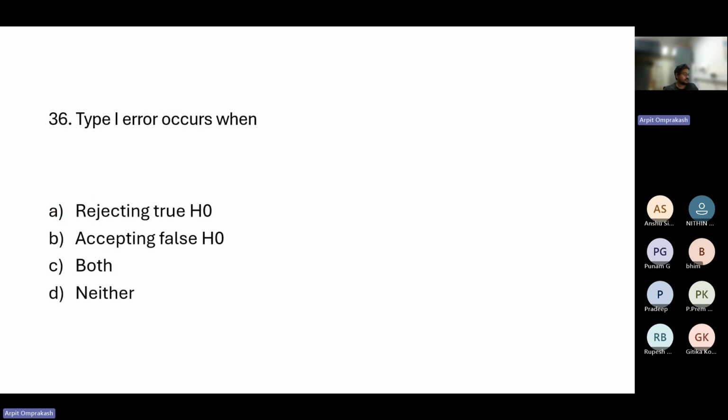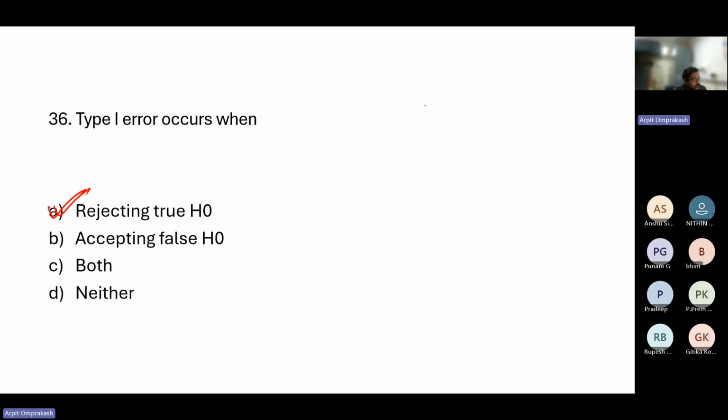Next question is, type 1 error occurs when A, rejecting true H naught, B, accepting false H naught, C, both, D, neither of them. Yes, so the answer here is A, rejecting true H naught.